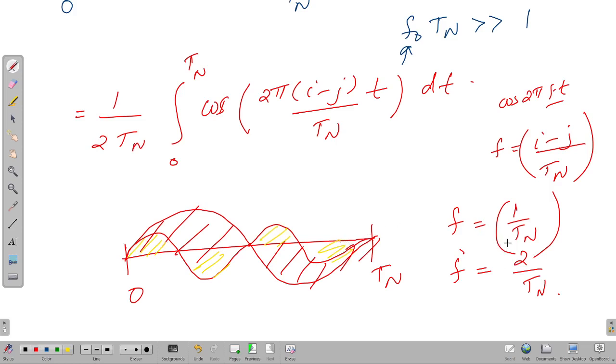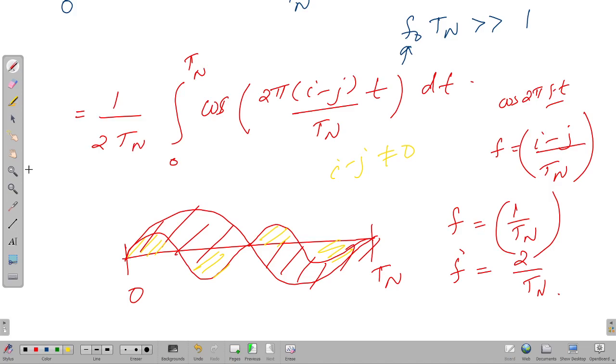And whatever be the multiple, this i minus j divided by Tn, if i minus j is not equal to 0, then you will have some multiple value other than 0, and your answer is going to be 0.